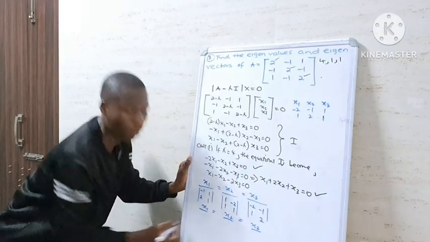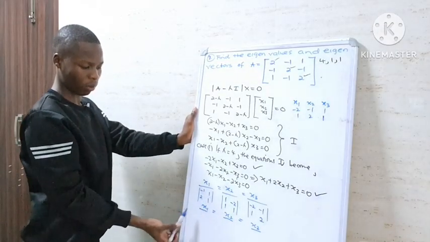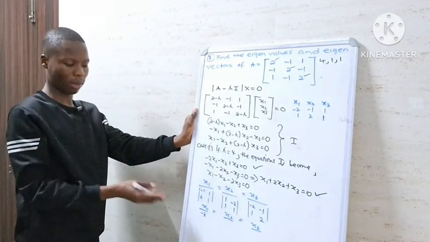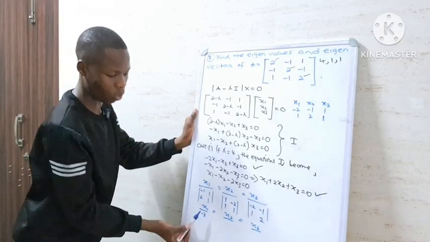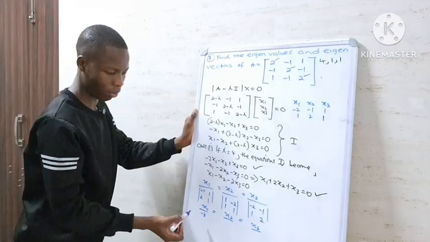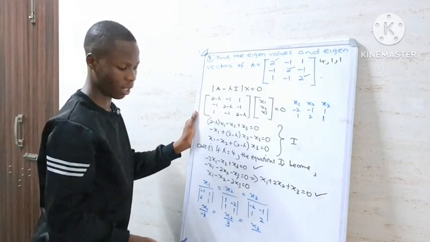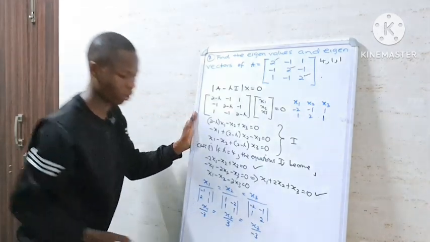Let's find out. This is negative 1 subtract 2, negative 3. So x1 by negative 3 is equal to x2 by, this is 1 subtracting 2, this becomes 5, this is negative 4, subtract 1, this is negative 3.